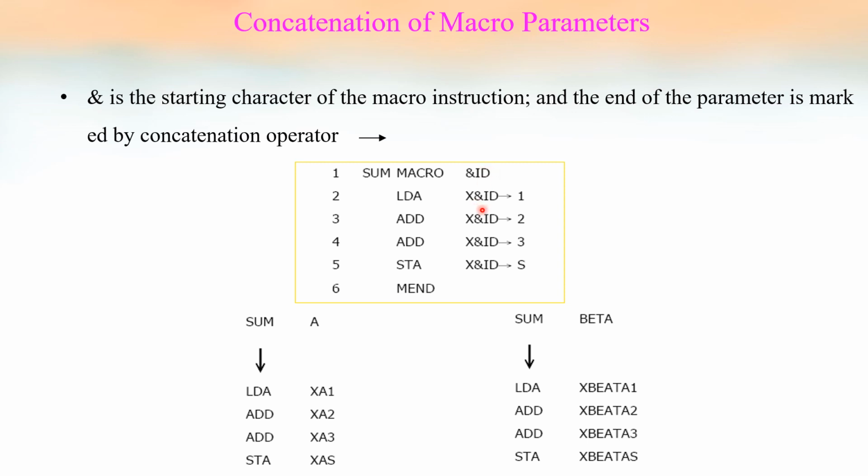This becomes xa1, xa2, xa3, xas, which is written over here. If I call the macro sum with another parameter, beta, then this id will be replaced by beta: x beta 1, x beta 2, x beta 3, x beta s. So the advantage here is that only one argument needs to be passed. We can do this only if the parameters follow a particular pattern.